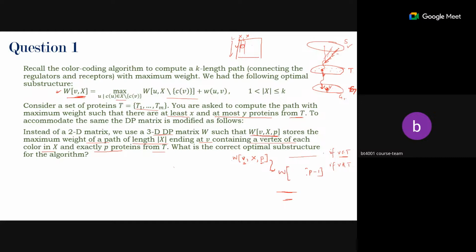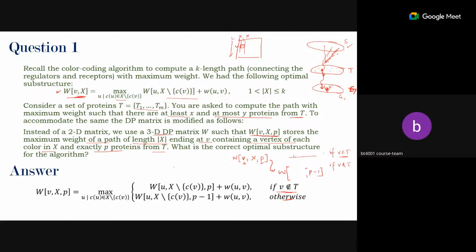Now what will I look for in the P minus 1 dimension? I am using this V, so I have to look for the U. I have to find the maximum value over U in the lower dimension.